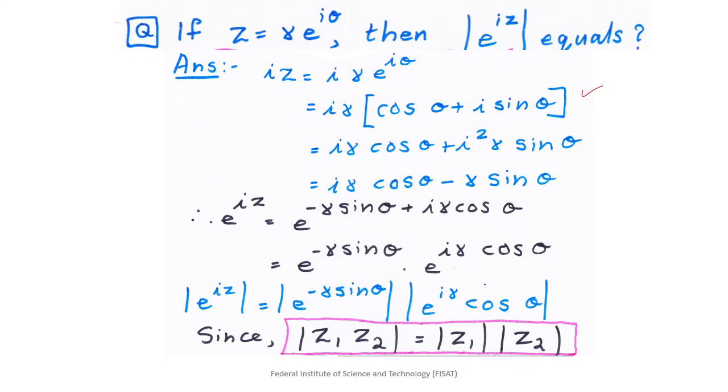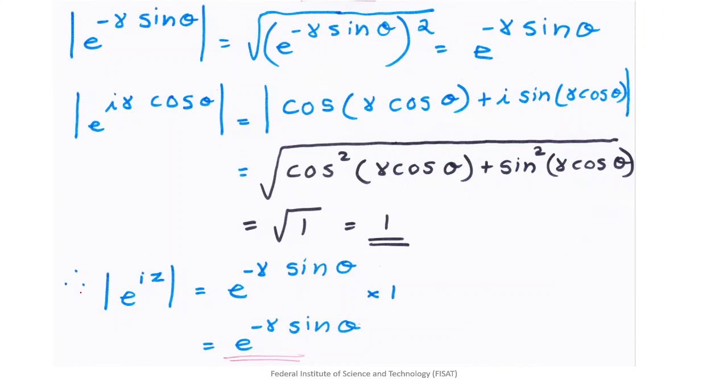Now you have to find the mod of e raised to I z. So you already know mod z1 into z2 equals mod of z1 into mod of z2. So mod of e raised to minus r sin theta into mod of e raised to I r cos theta. Mod of e raised to minus r sin theta is easily the same as e raised to minus r sin theta.